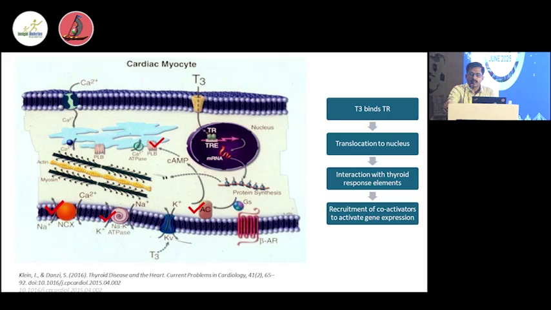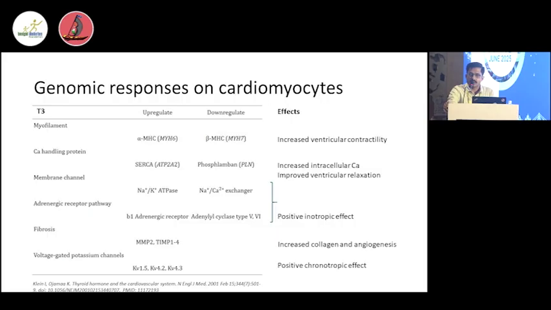However, there were no significant differences in terms of ICU stay, post-operative atrial fibrillation, or use of IABP. So, conflicting results are there in terms of post-operative atrial fibrillation in cardiac surgery in hypothyroid individuals.